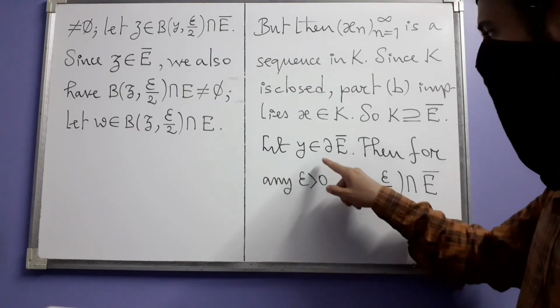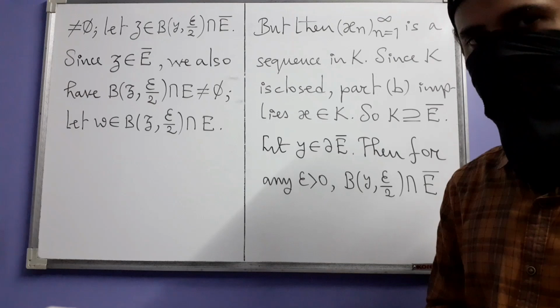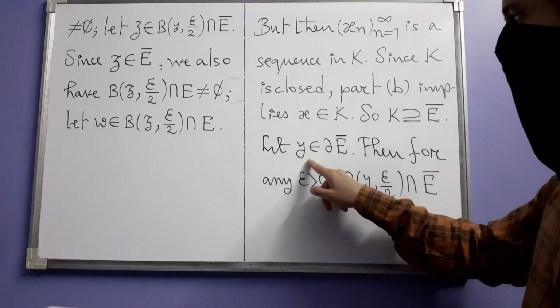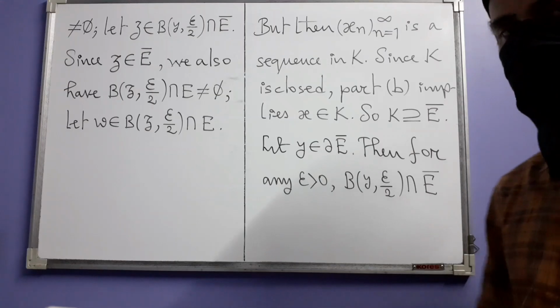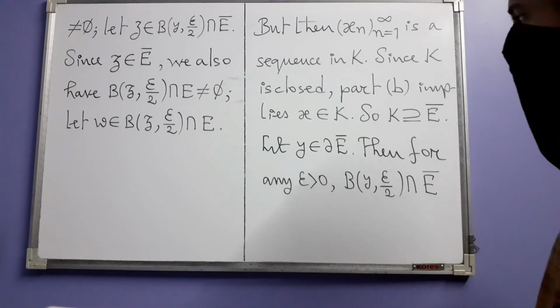That is, we take any point Y in the boundary of E closure, del E bar. If we can show that this Y belongs to E bar itself, then by definition E bar will be closed.